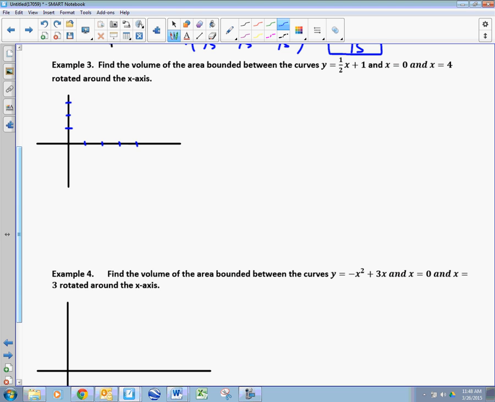X equals 4 would be all the way, right. So isn't that nice? Trapezoid. And you can draw the same thing below.